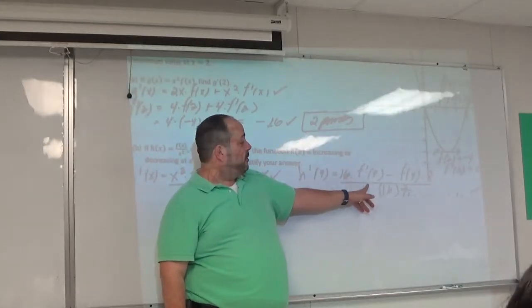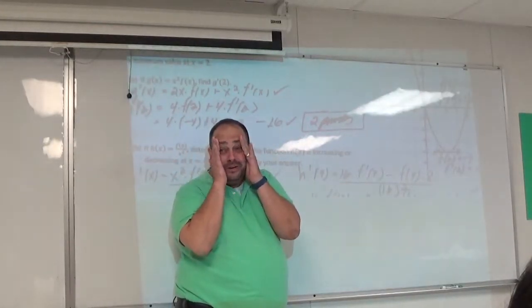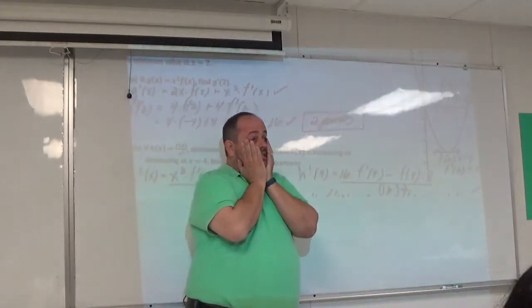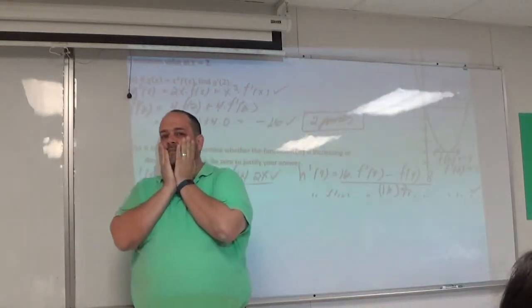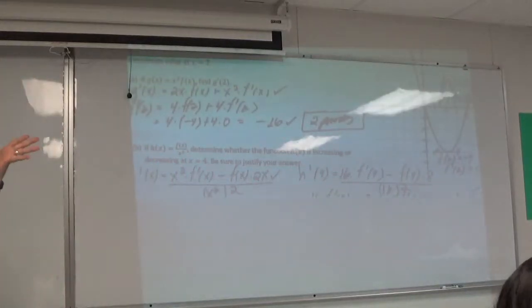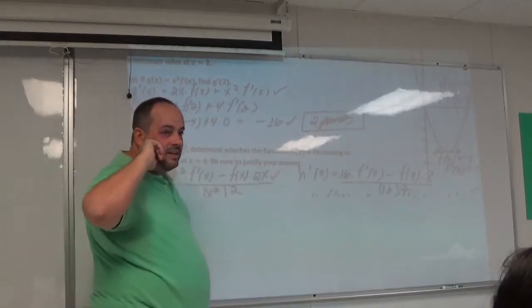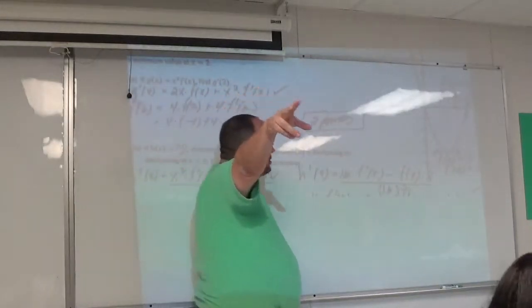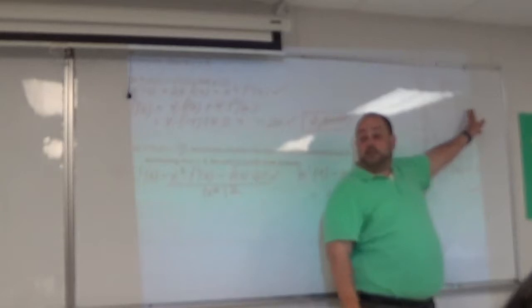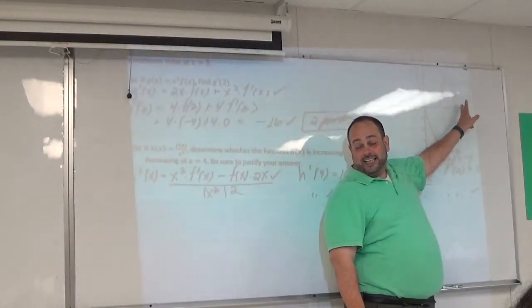Henry, what do you know about f prime of 4? Look at the graph. Is there anything? Paul, help me out. F prime of 4 is what? Above the x-axis. The thing that you know for sure, f prime of 4 is... Increasing.